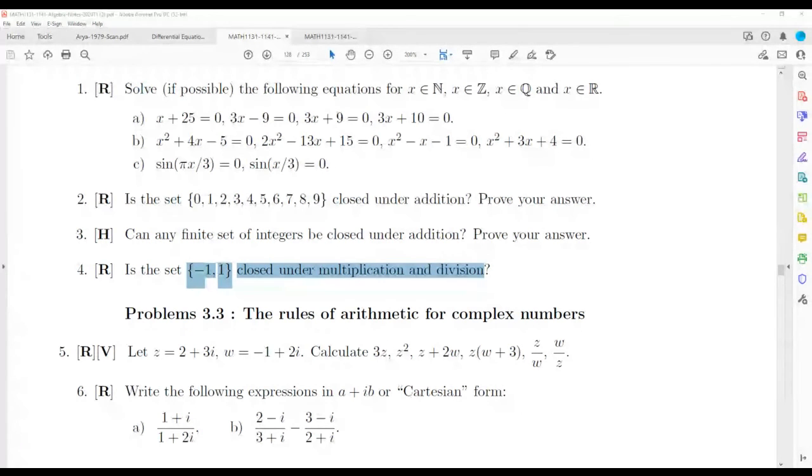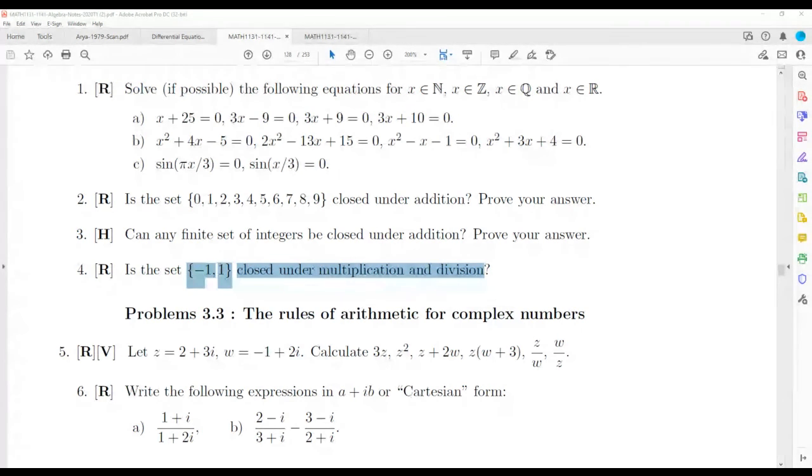Let me know in the chat. Paranita, let me know if you're out there. Is it closed under multiplication and division? What do you think? Naomi says yes also.